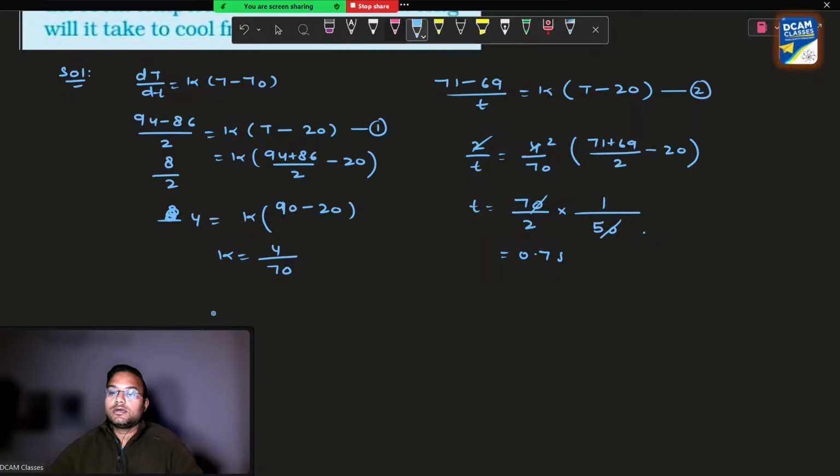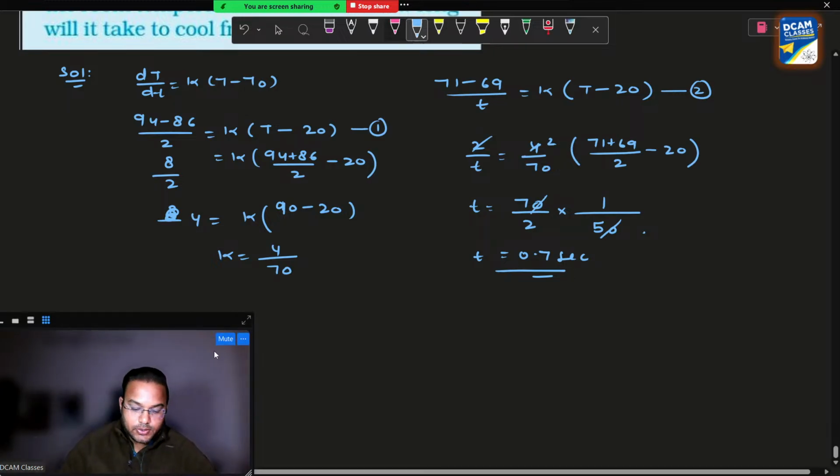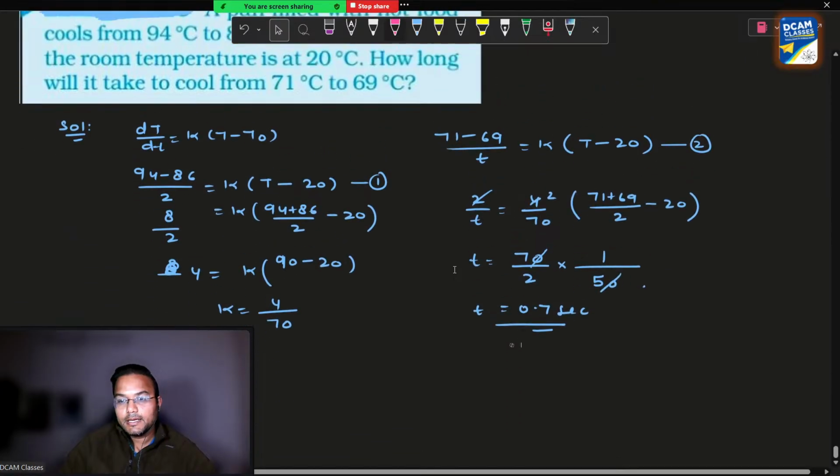So t is 0.7. 0.7 minutes is the more correct one. This approximation only you have to do here. Correct, your answer is right.